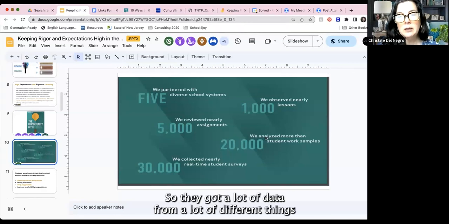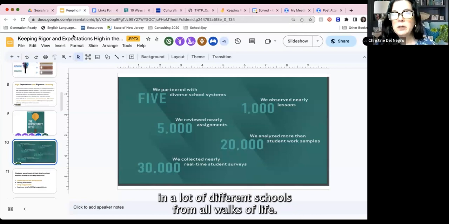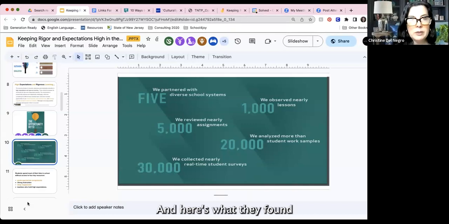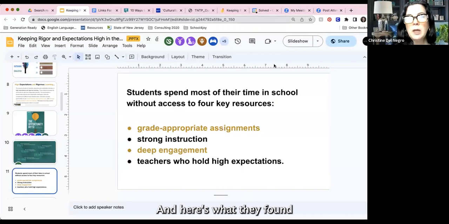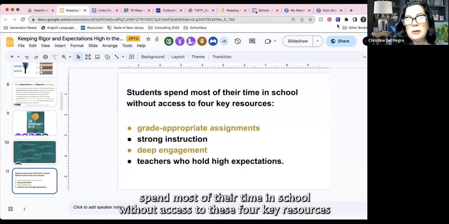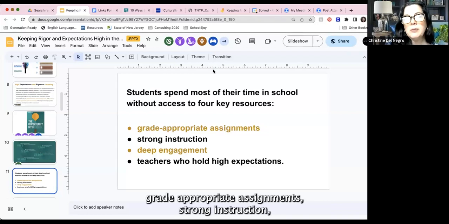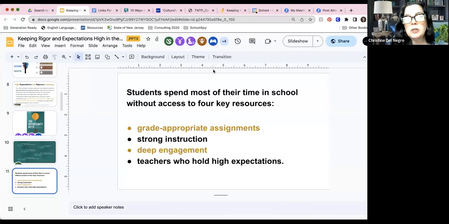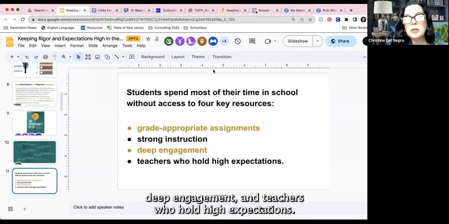So they got a lot of data from a lot of different kids in a lot of different schools, from all walks of life. And here's what they found: students spend most of their time in school without access to these 4 key resources: grade-appropriate assignments, strong instruction, deep engagement, and teachers who hold high expectations.